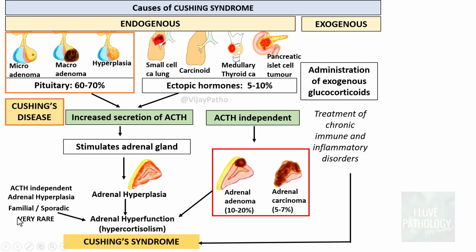So these are the various causes of Cushing's syndrome, right? Endogenous, exogenous, could be ACTH dependent, ACTH independent, pituitary cause, non-pituitary causes, and adrenal gland causes. Right? So that's about the causes of Cushing's syndrome.